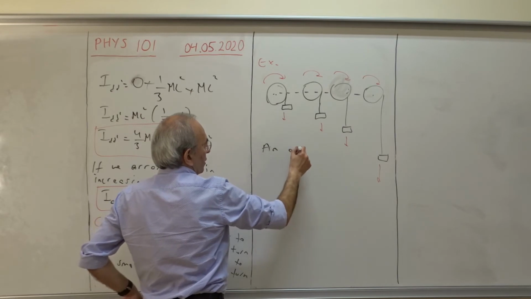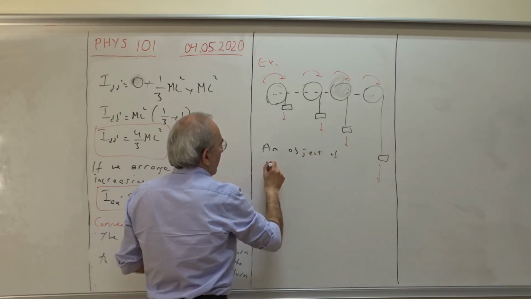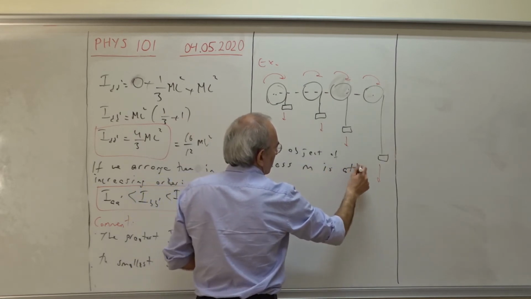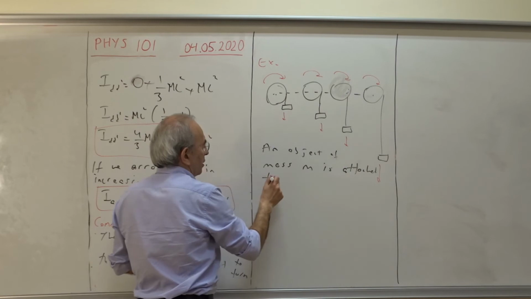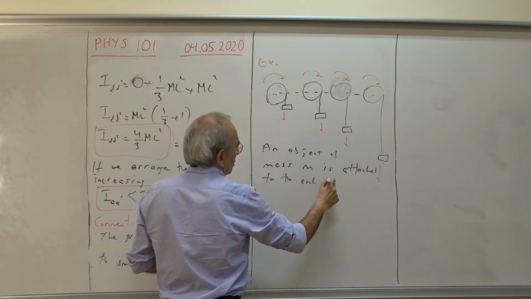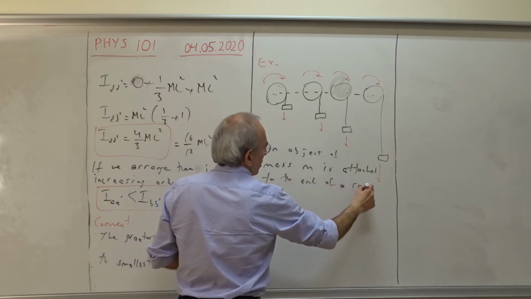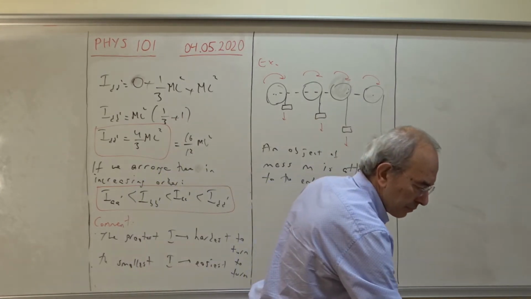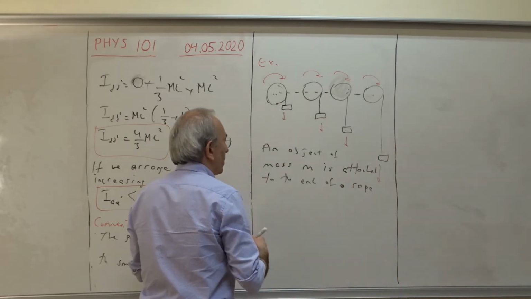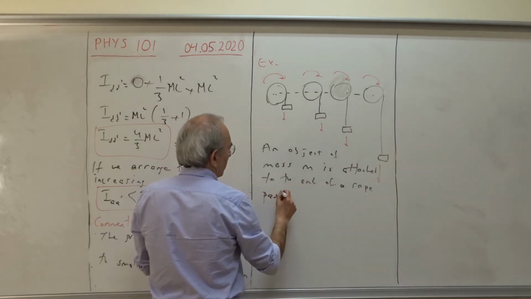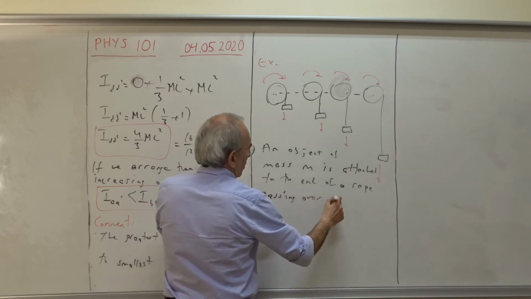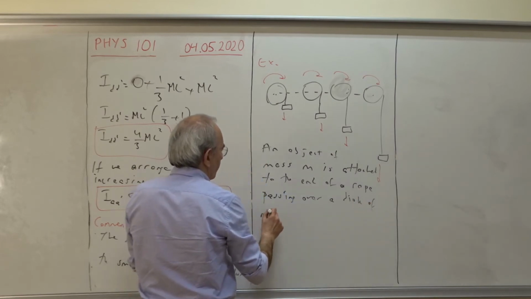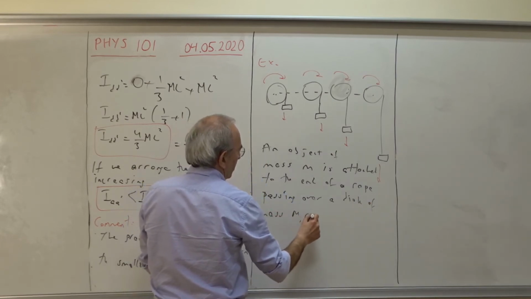An object of mass m is attached to the end of a rope passing over a disk of mass m, radius r.